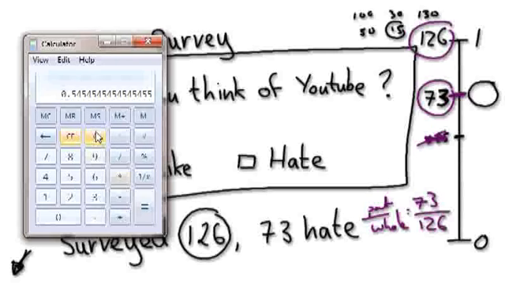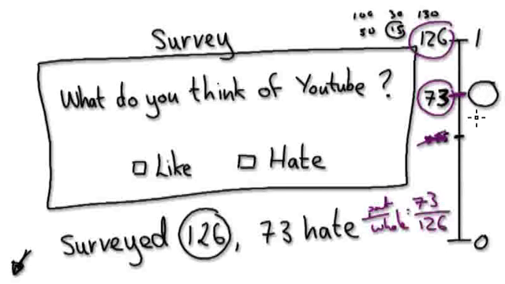So on the calculator, 73 divided by 126 equals 0.58. So you could say that it's 0.58, so it's 58%. You could say 58% like YouTube. Okay.